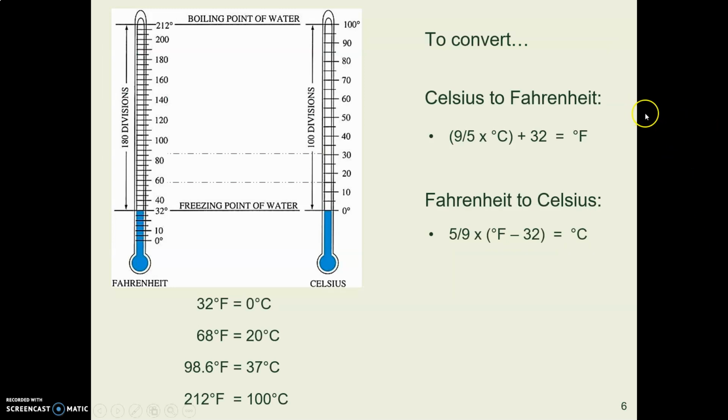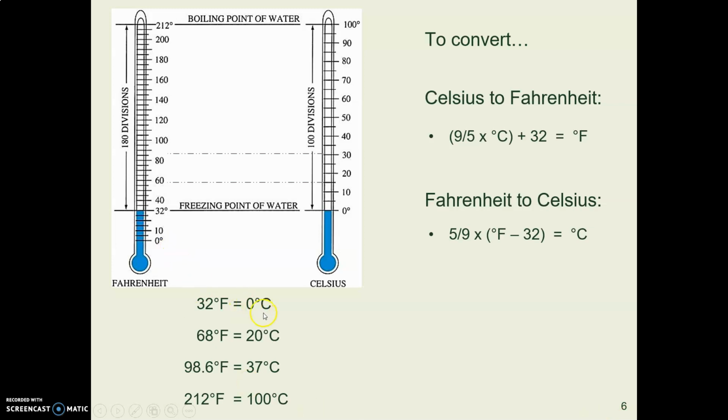On this slide, slide 6, I'm showing you the formulas you can use to convert back and forth from Celsius to Fahrenheit or Fahrenheit to Celsius. And in the notes field of this slide are a couple of examples showing you how you would work through this.